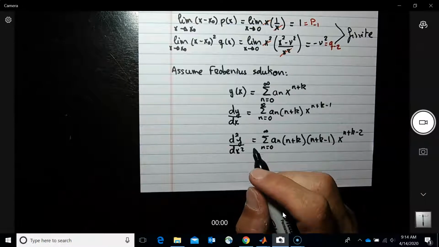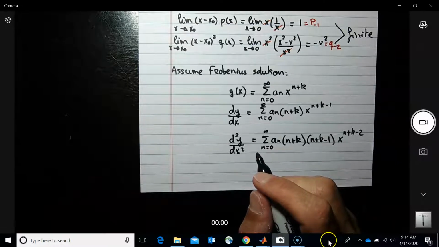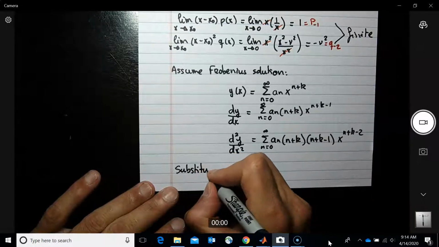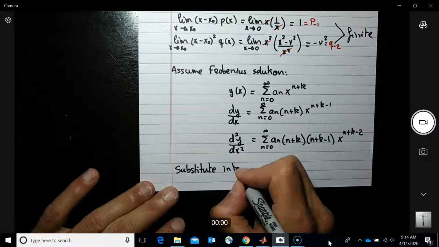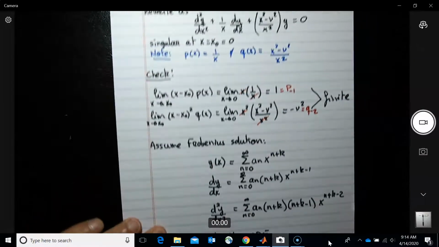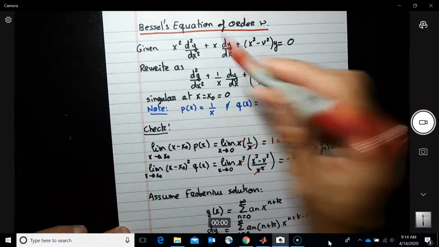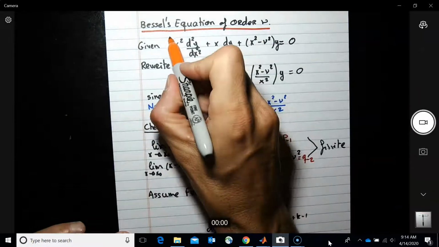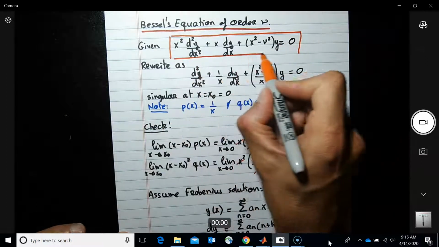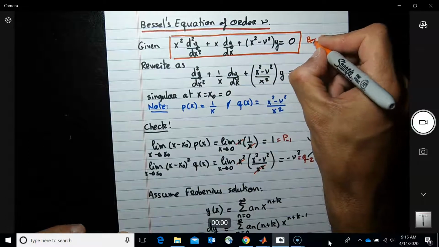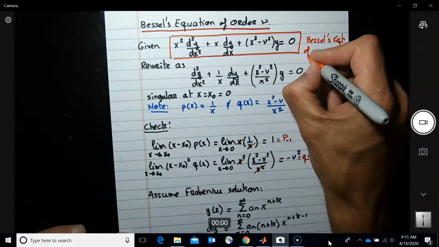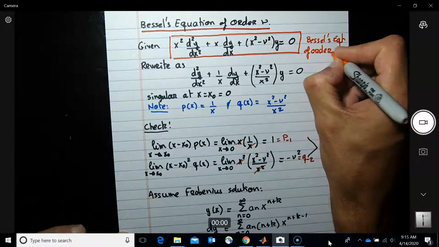So if we substitute into the ODE, which basically is that equation over here, okay? This is really the Bessel equation of order mu.